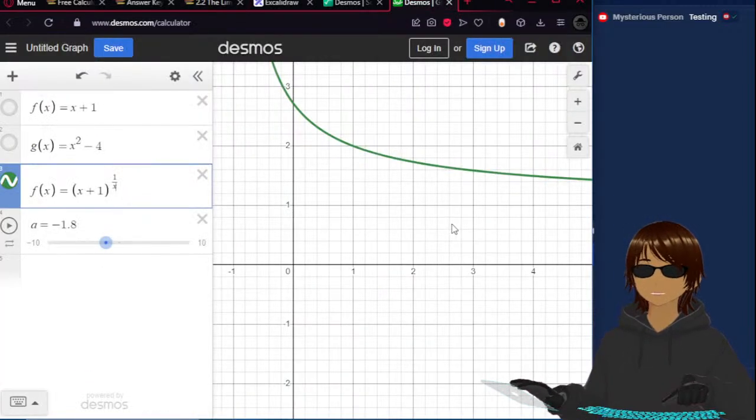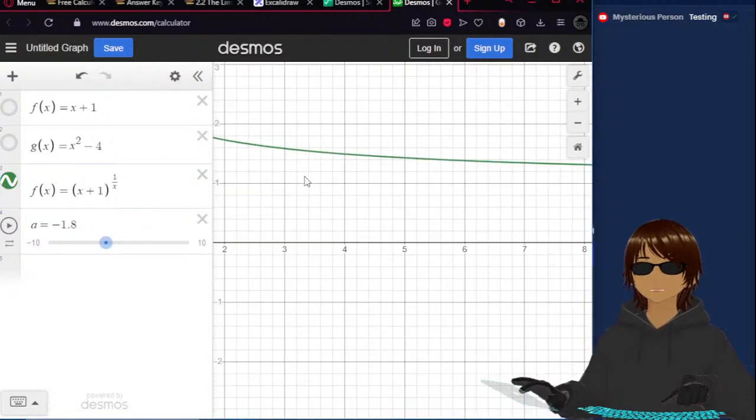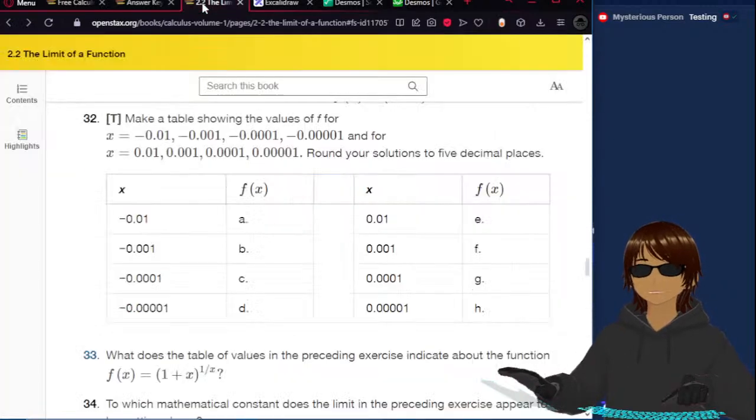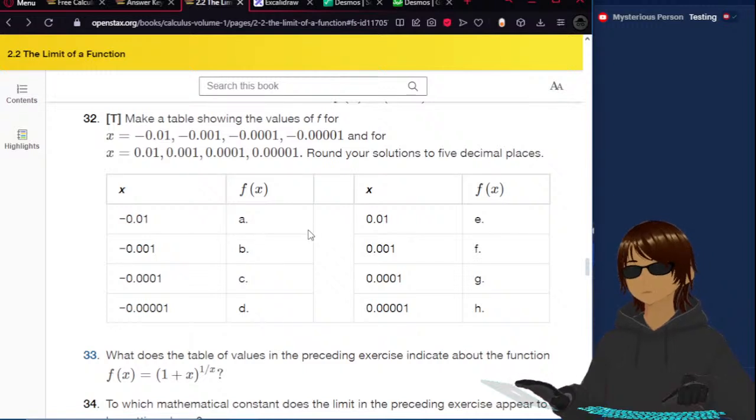Okay, so the function is continuous, so the limit will exist everywhere, I think.